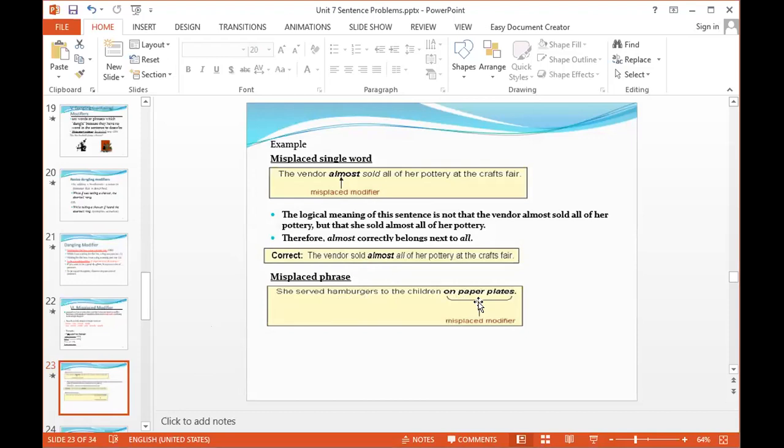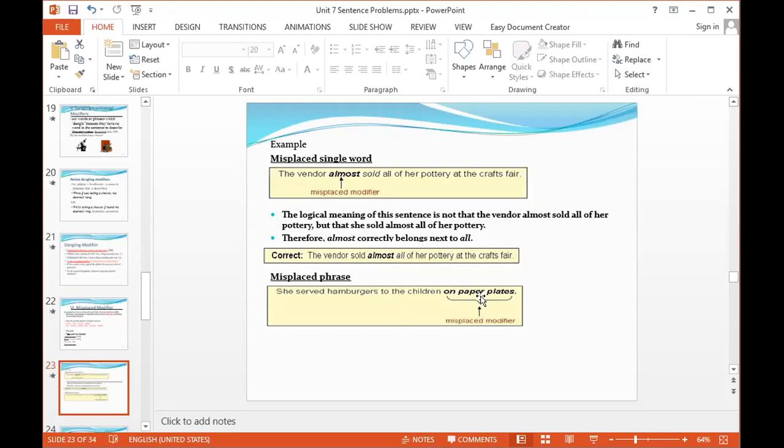Yeah, teacher. But in English it is wrong. Look, what is on the paper plate, the children or the hamburger? The hamburger. But we put it last, so it means that the children are on the paper plate. Children can't be on the paper plate. That's why it is wrong in English. You have to be careful.